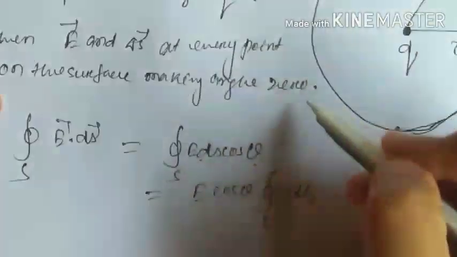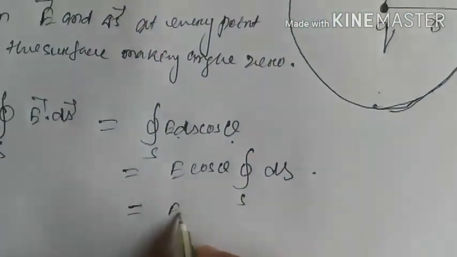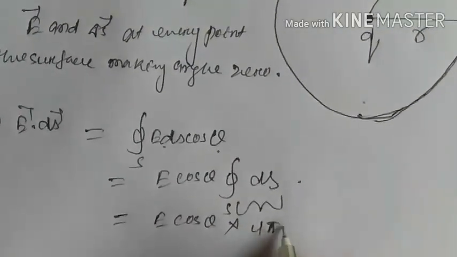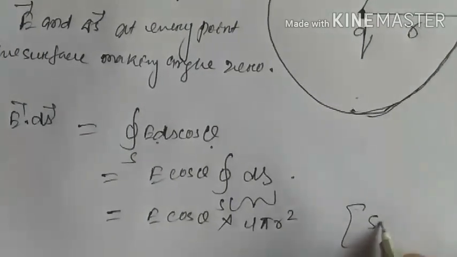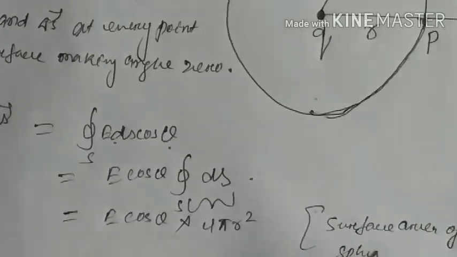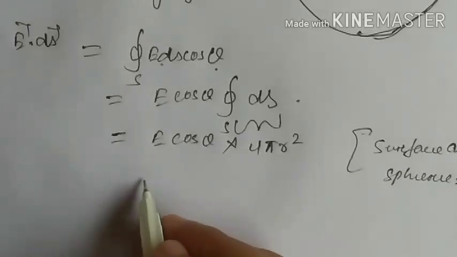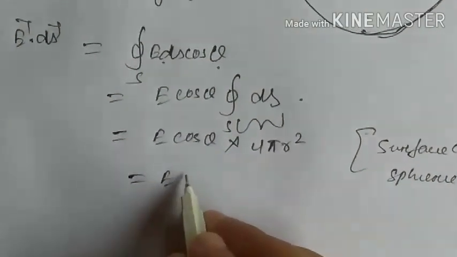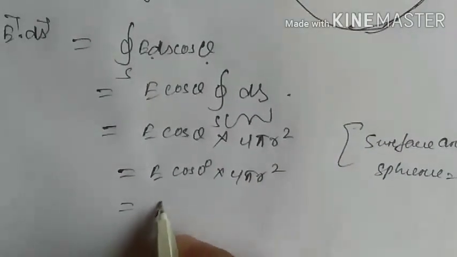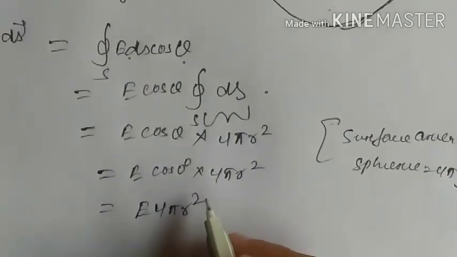As it is a sphere, the total surface enclosed by the sphere is the surface area of a sphere, 4 pi r square. Substituting the value of theta, it is E into 4 pi r square.